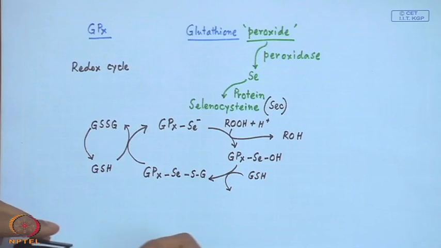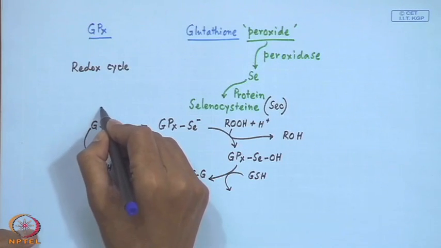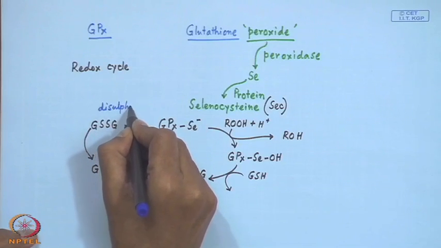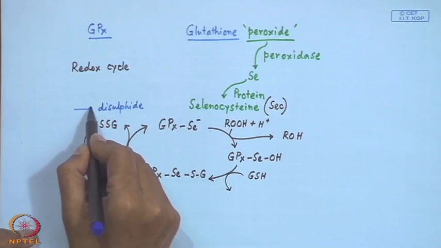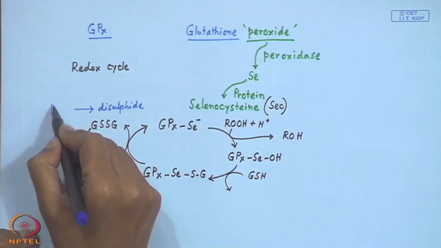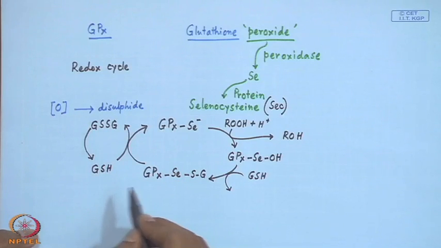So, what we see in this case is the formation of the disulfide unit, and we all know how these disulfide units are forming. These disulfide units are basically forming through oxidation of these thiol groups.